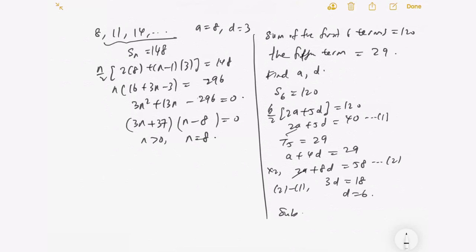So when you sub inside, actually I should call this equation number 2, this equation 3. So equation 2, a plus 4 times 6 is 29. 29 minus 24, a is just 3. A is just 5, sorry. Okay.